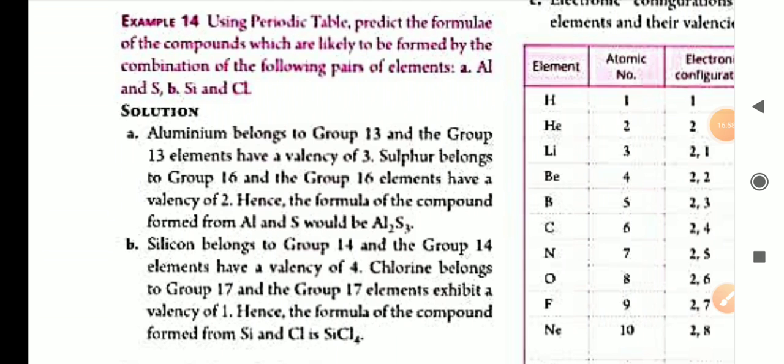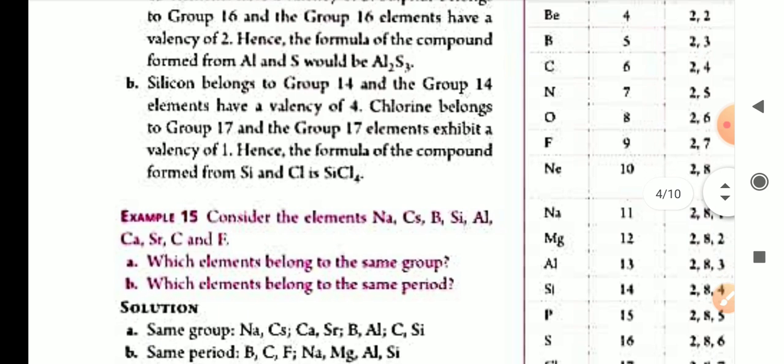Hence, the formula of aluminium sulfide should be Al2S3. Silicon belongs to group 14 and chlorine belongs to group 17. Group 14 means its valency is 4. Chlorine belongs to 17, meaning its outermost shell contains 7 electrons, but it has valency 1. So SiCl4 will be the formula.